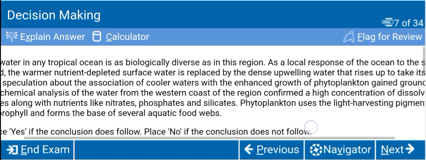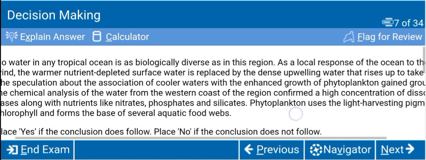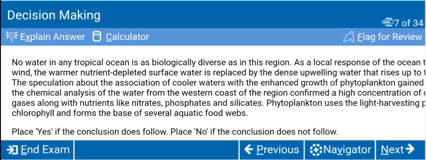Phytoplankton uses the light harvesting pigment chlorophyll and forms the base of several aquatic food webs.